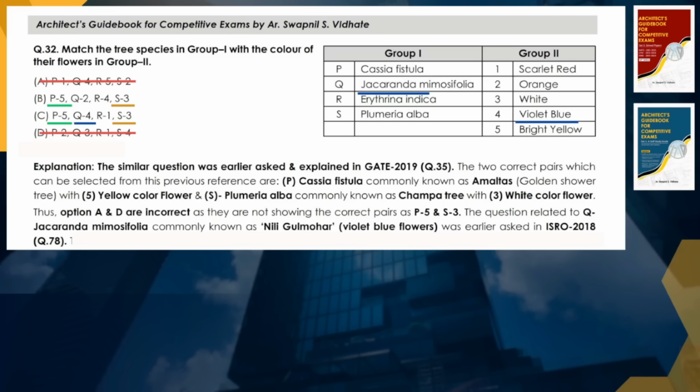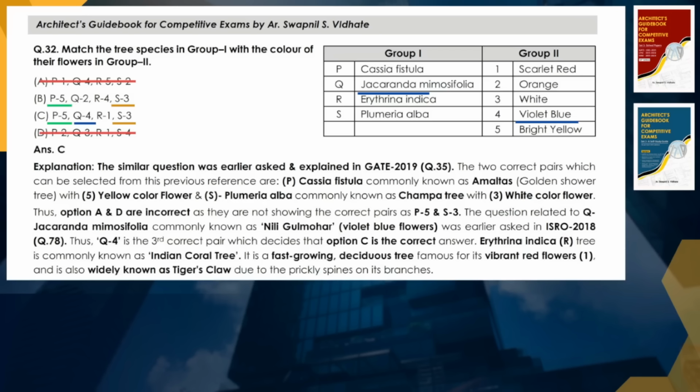You can see the color of the flower itself is in the common name Nili Gulmohar, meaning a blue Gulmohar, right? So the flower color of Jacaranda mimosifolia is white, violet, blue. So Q4 is the correct pair, which is mentioned in option C. So Q2 is the incorrect one, and option B will also be incorrect. So option C is the correct answer for this match the pair question, right?